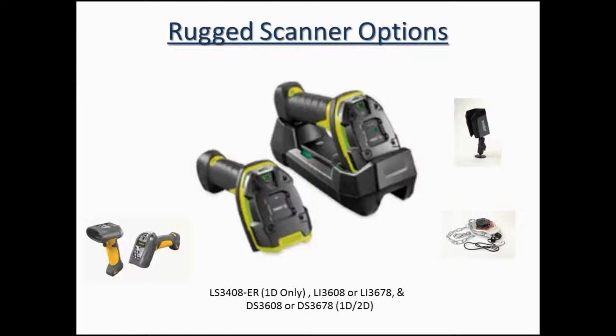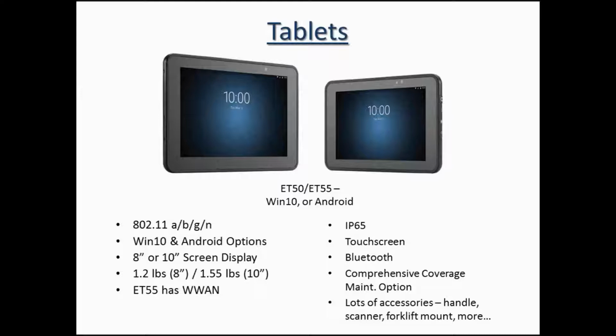So we use the Bluetooth version or the corded version to work with the vehicle terminals or with a laptop, or really basically anything that you may see fit. You can have a vehicle holster for it, or a lot of times if it's Bluetooth, we have it on a zip line up in the corner so that your user can pull it down, scan, and release.